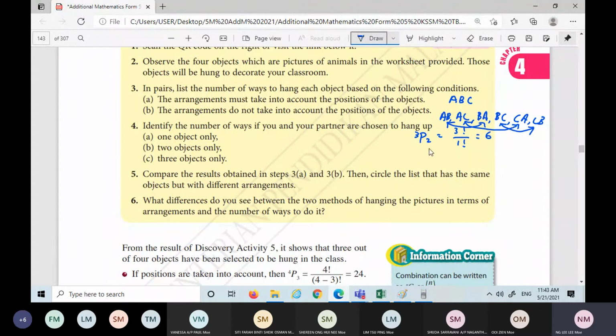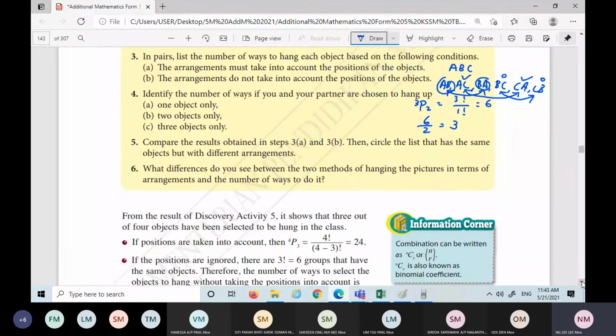Therefore, the answer 6 you have to divide by 2. So altogether 1, 2, and 3. Only 3 combinations.